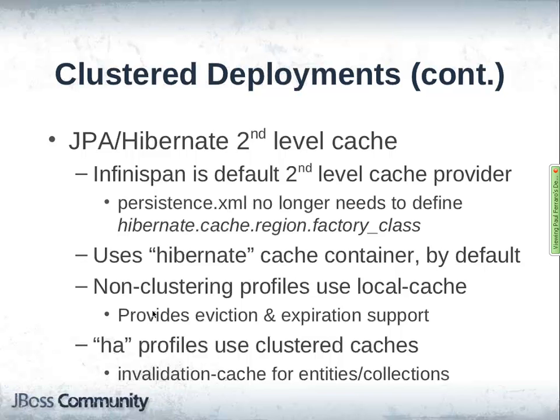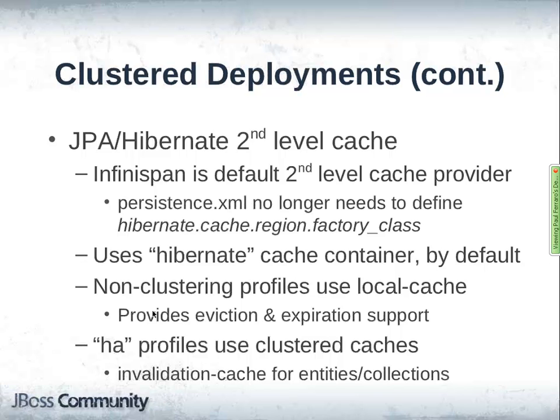But one thing that has changed in AS7 as opposed to earlier is Infinispan is now the default provider, regardless of whether you're clustered or not. The advantage of which is in AS6 and earlier, if you were using a second level cache but not clustered, you would get a hash map implementation, which unfortunately is prone to out-of-memory errors.